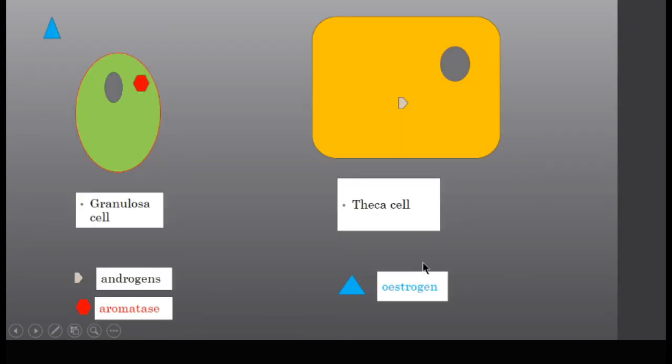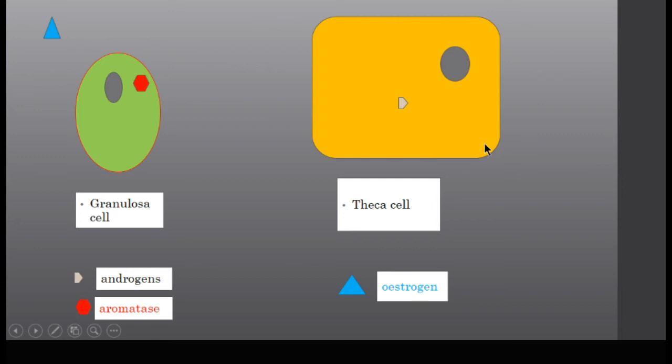And right now we'll take a look at this slide. This is the theca cell, and this is the granulosa cell. Out of too many theca cells, we have taken one theca cell over here, and out of too many granulosa cells, we have taken one granulosa cell over here. So look at the theca cell. This whole structure is the theca cell.